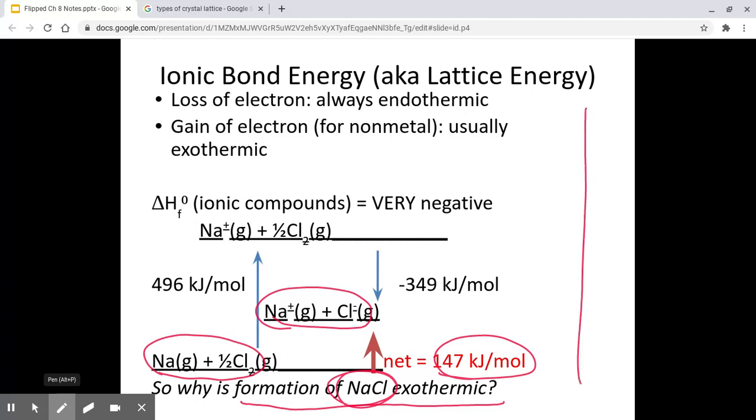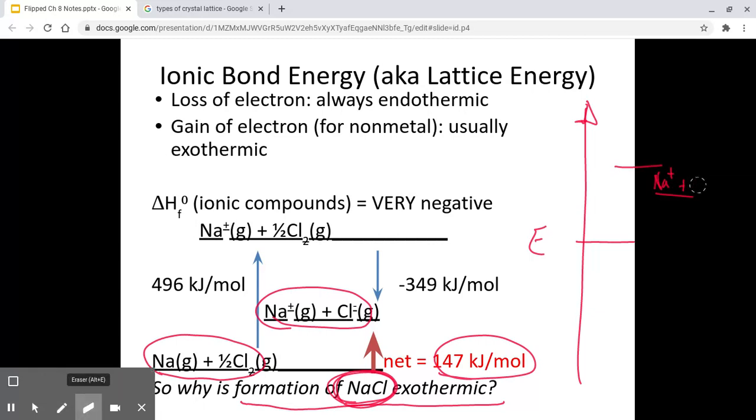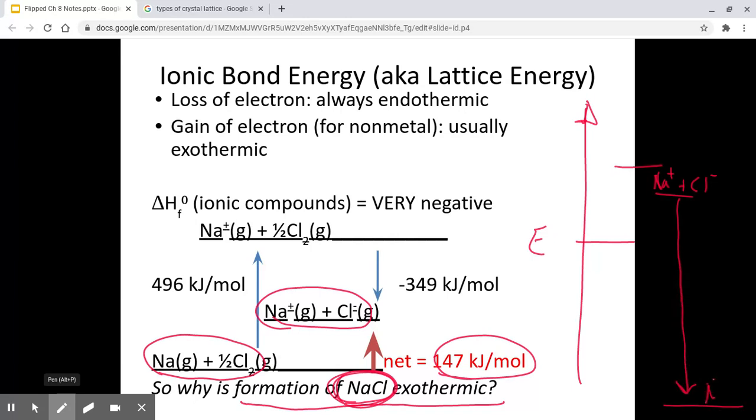And the reason for that is, if this is my energy diagram, okay, here's my first 3 lines, right? Well, going from ionized sodium and chlorine to a place where those two are bonded together is extremely exothermic.